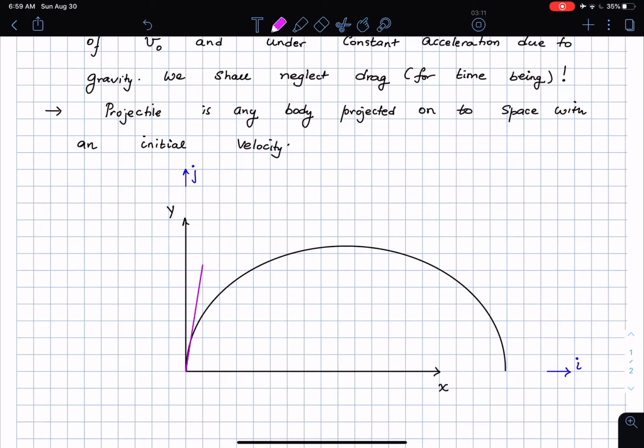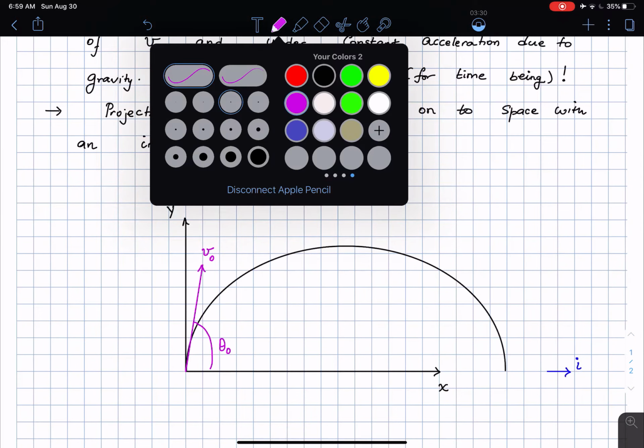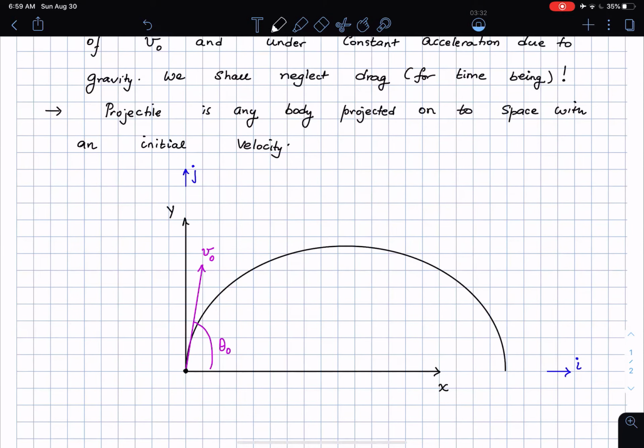I'm going to call this velocity vector V naught, and it's making an angle of theta naught, a pretty sharp angle here, with respect to the horizontal x-axis. So we are given V naught and theta naught, and all of this motion is observed by this stationary observer. The stationary observer is the point O.